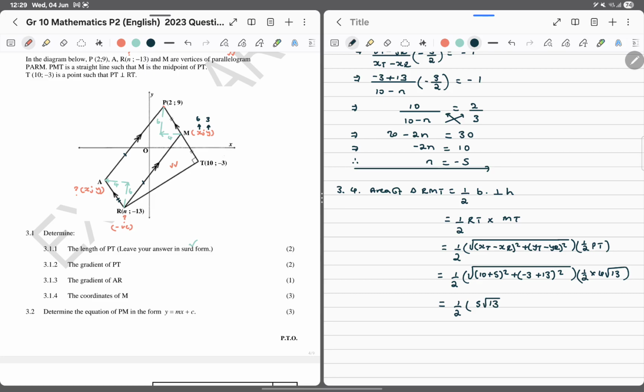Okay, but of course, if you're not so sure, check on the calculator. It's not a big deal. So a half there is going to give us 2 root 13. And of course, because this is a product, we'll divide that. And we end up with 5 times 13.